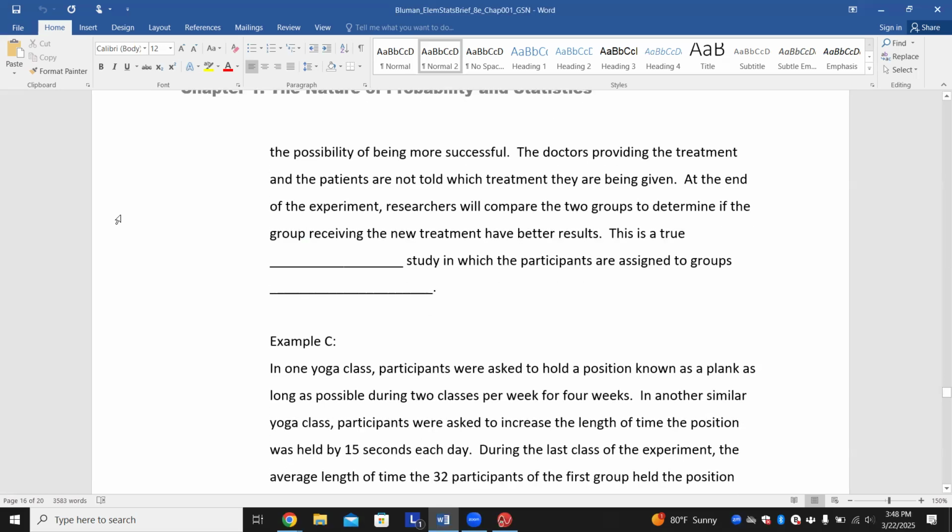At the end of the experiment, researchers will compare the two groups to determine if the group receiving the new treatment have better results. This would be a true experimental study in which the participants are assigned to groups randomly.